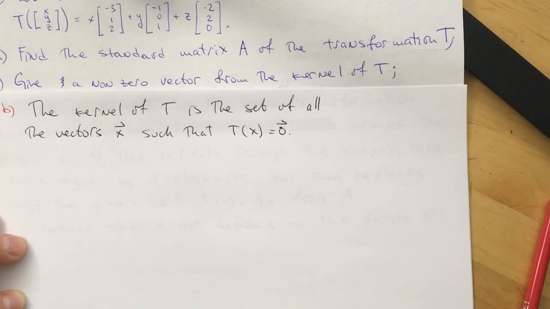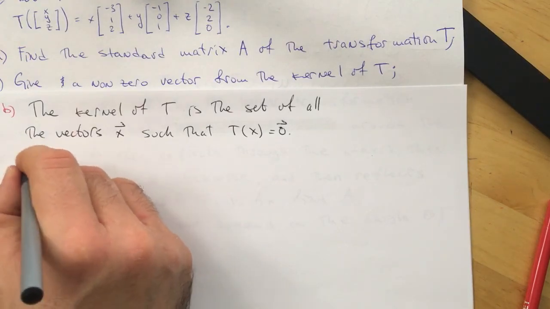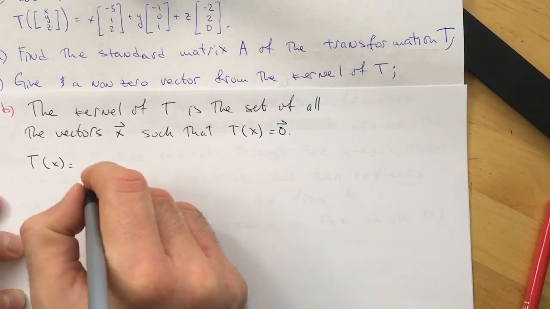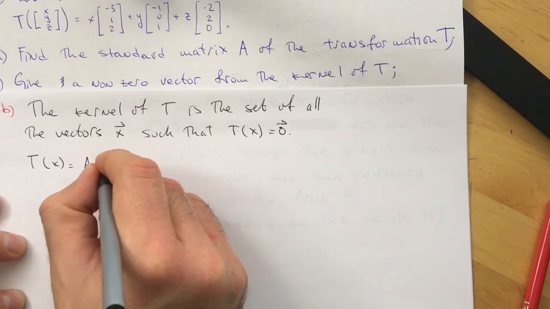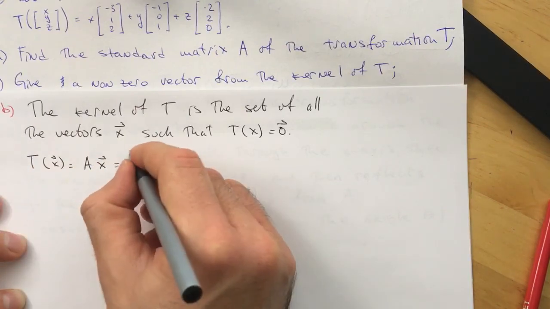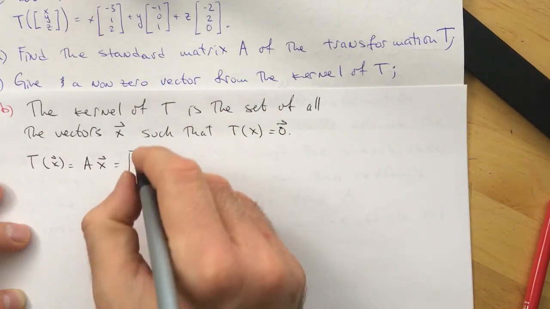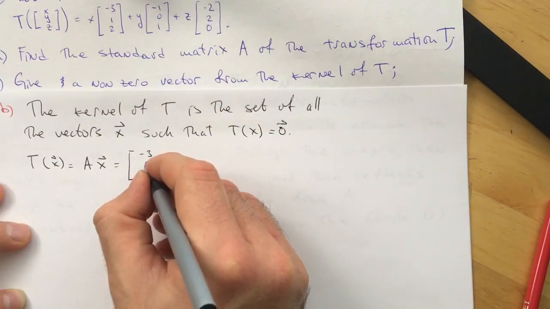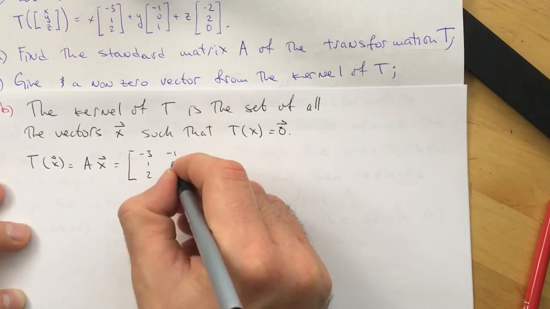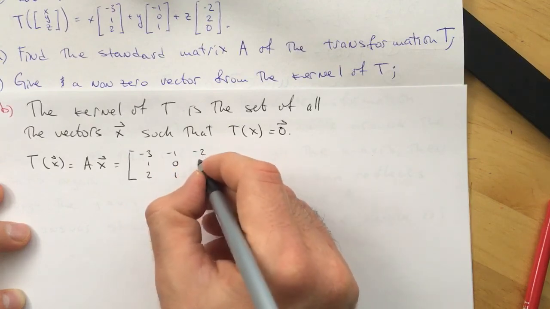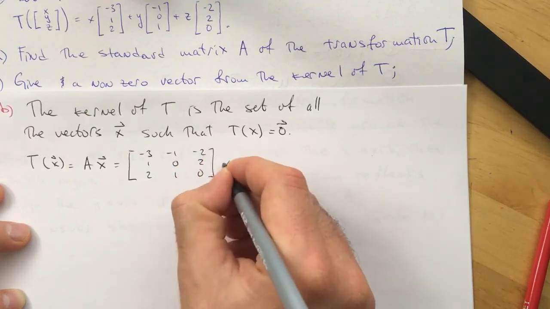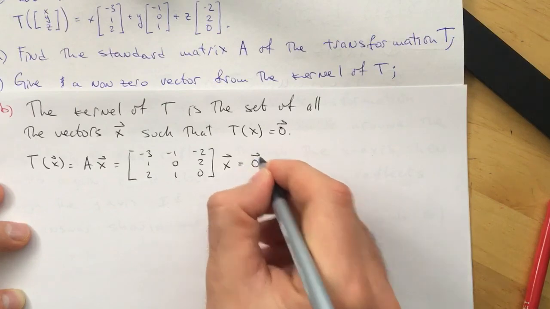Okay, so T of x was defined as A times x, right? Where A, we answered in part A, was the matrix, times x is equal to the zero vector.